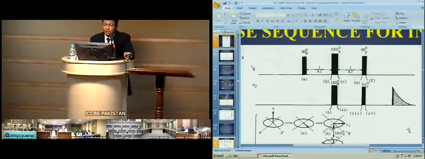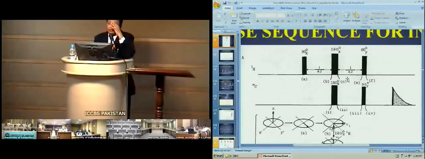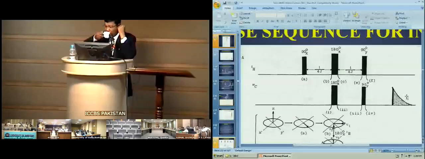This is your proton pulses and this is your carbon pulses, and they are all going on at the same time frame. What you are detecting is, what are you detecting? You're detecting only the carbon, right? Say yes. What is this?